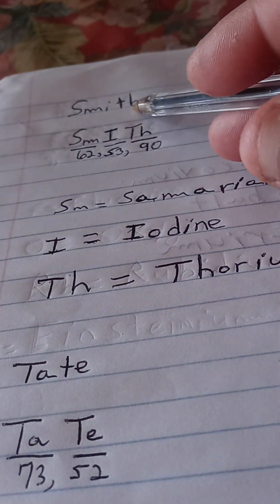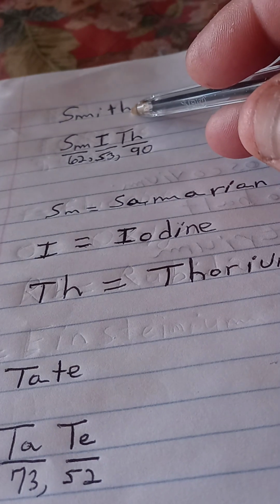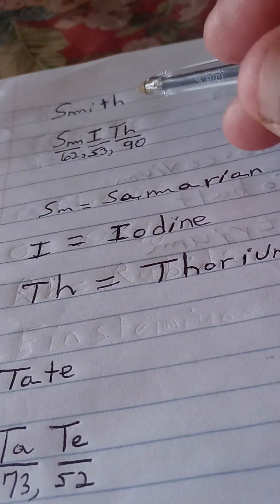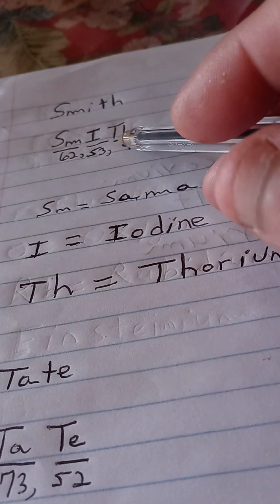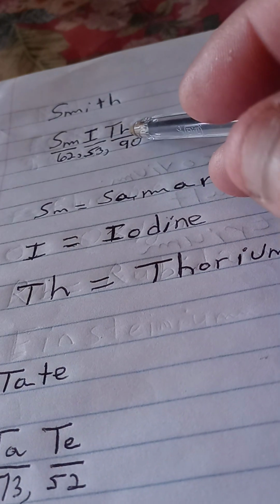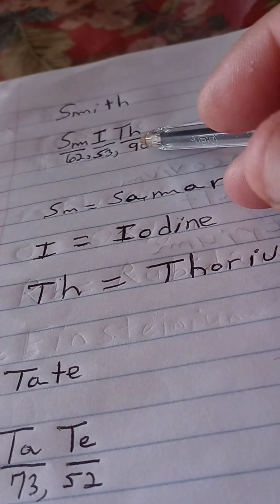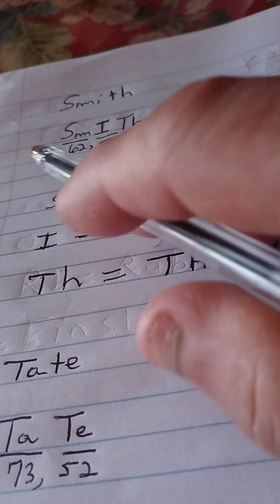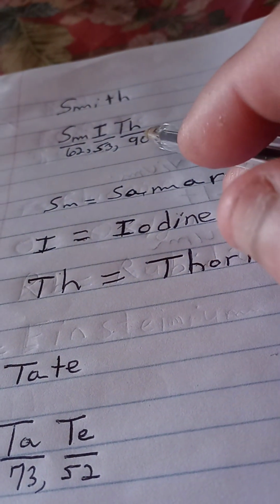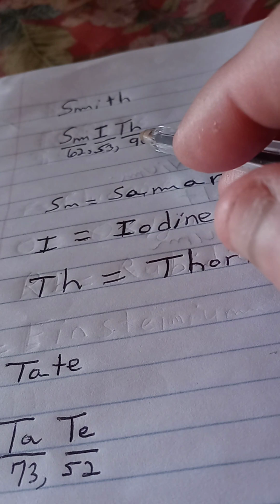Then you've got a lowercase t and h. You capitalize the t and keep the h a small h, because it has two letters. Like with the Sm, you've got two letters that represent the chemical symbol.